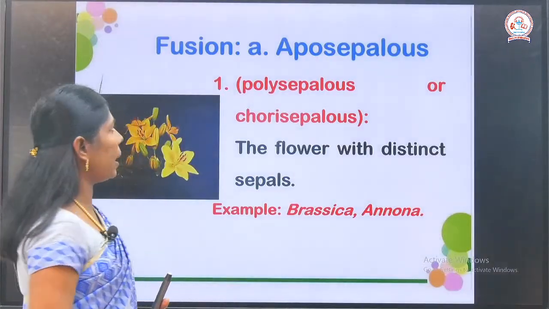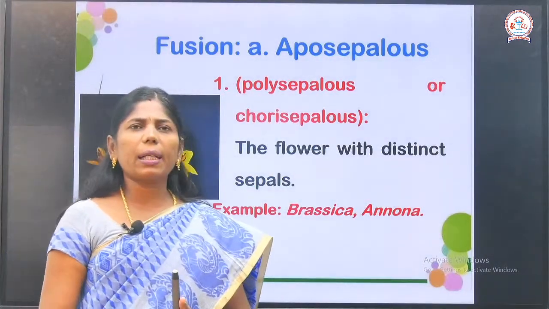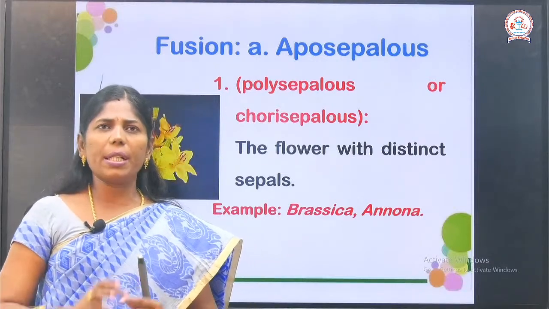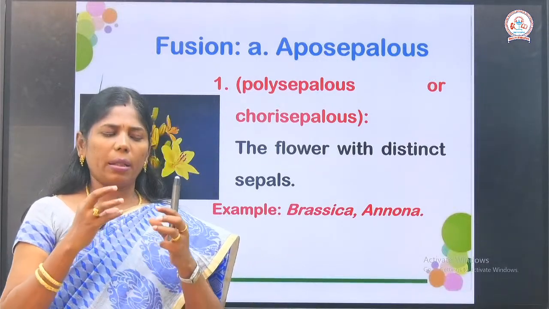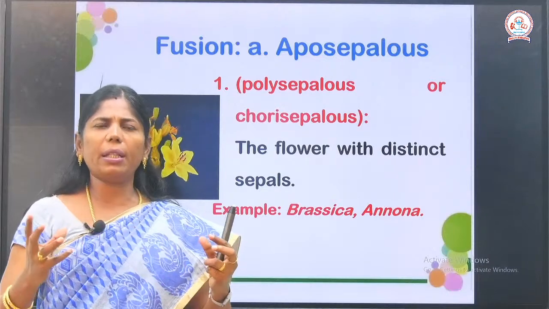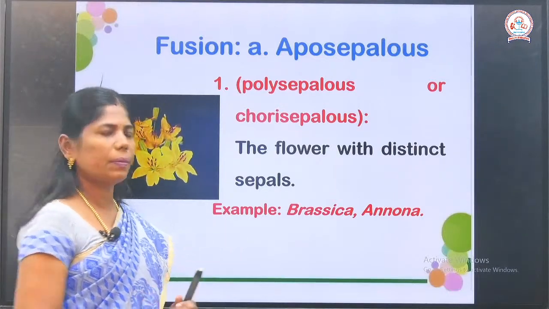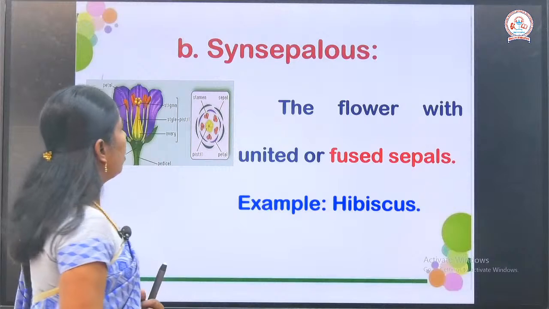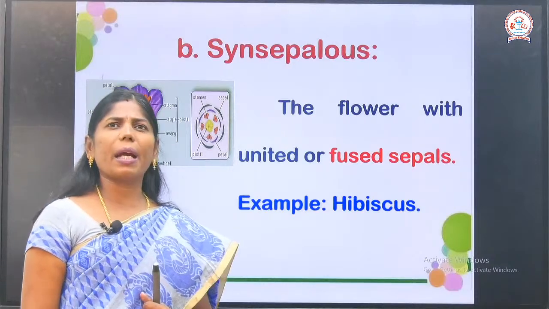Each segment of the calyx is called a sepal. If it is united, it is gamosepalous. If it is free, it is polysepalous. Synsepalous means gamosepalous.